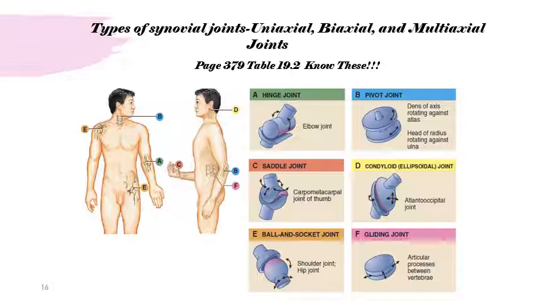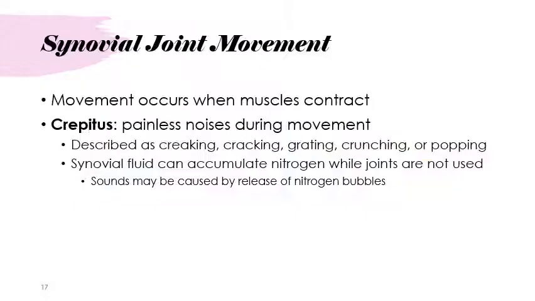The little table on page 379 will help you with the hinge, the pivot, the saddle, etc., all of those terms where the movement is, and that table also gives you an example of where these types of joints are. I promise you that you definitely need to be familiar with all of these terms, the type of movement within them, and an example of where they are located.